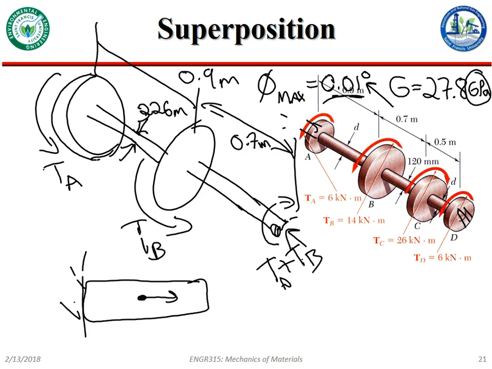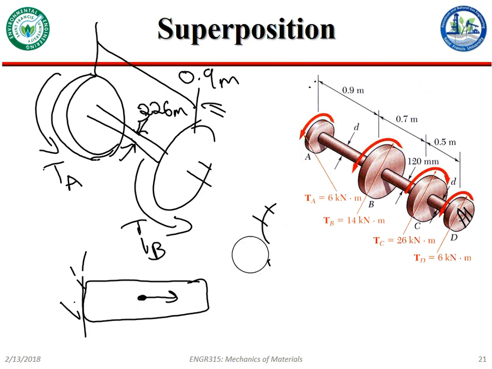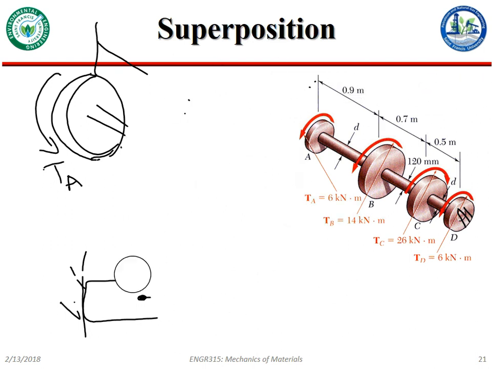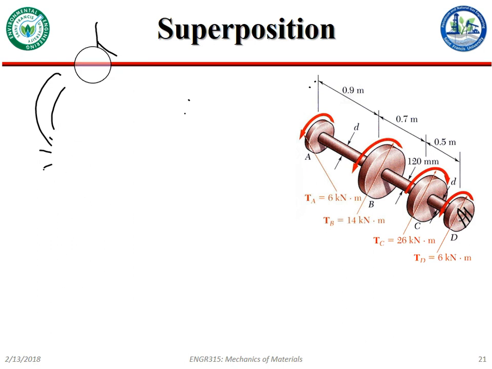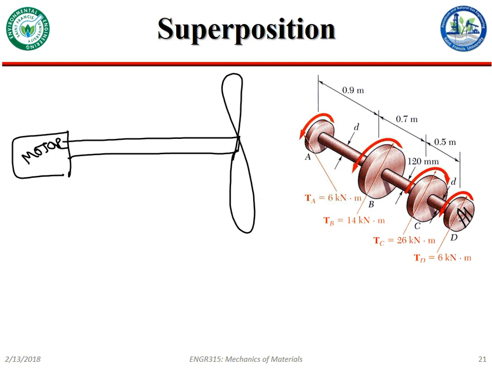And if, say, I had just a motor, and I'm just turning a shaft for fun. Maybe it has a propeller on the end. A propeller that's generating no torque or forces.